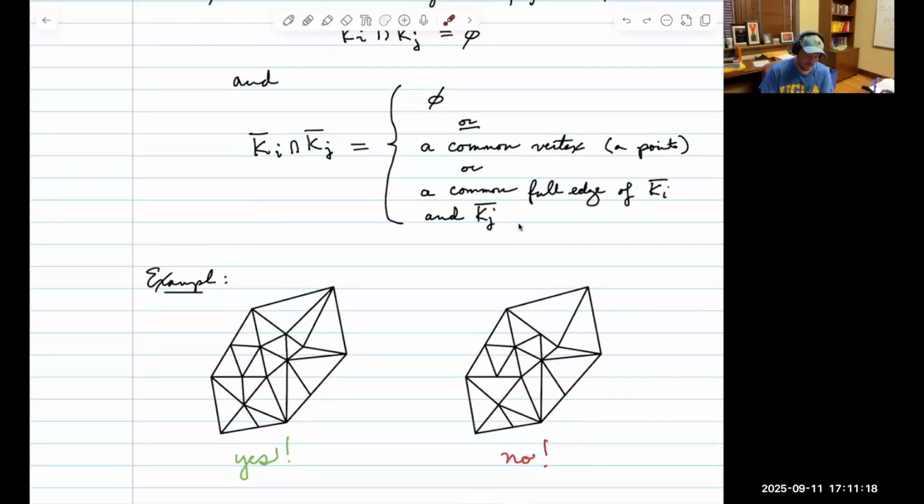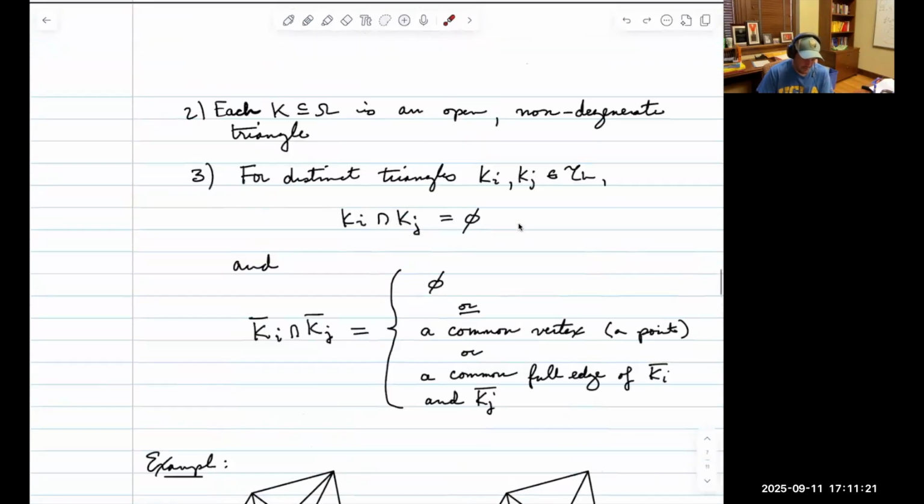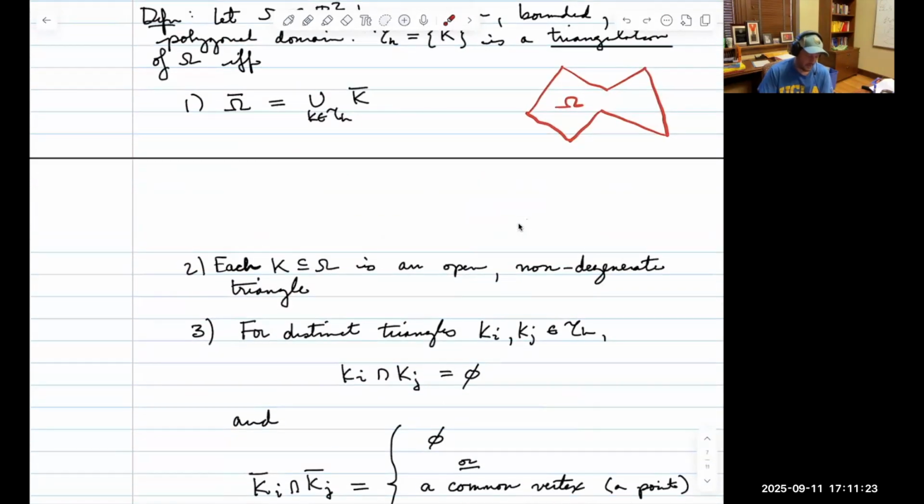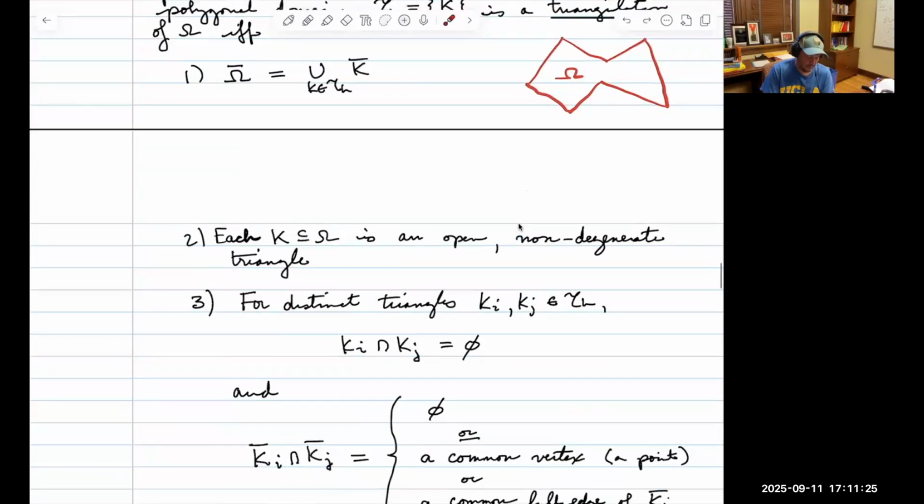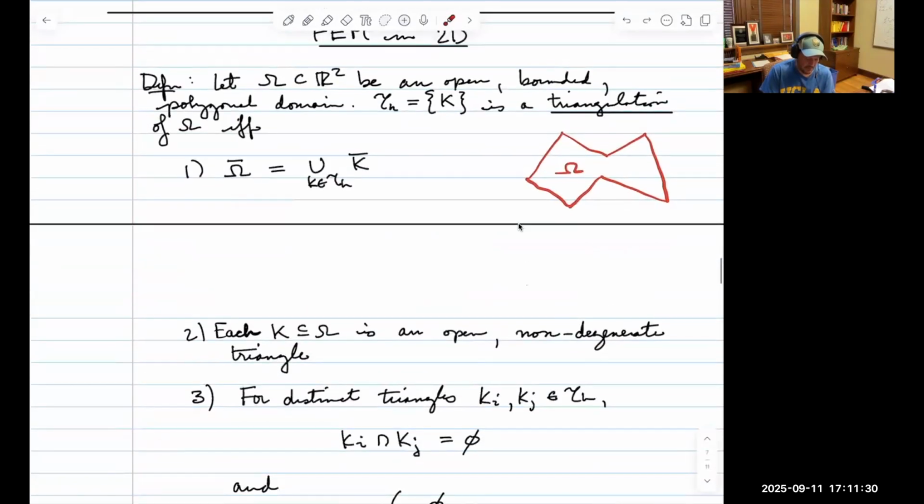So here are some examples. Remember these three. I kind of botched them, but I hope I recovered enough so that you understand it. If I take the union of the closures of the collection of triangles, I have to get the closure of the original set omega.